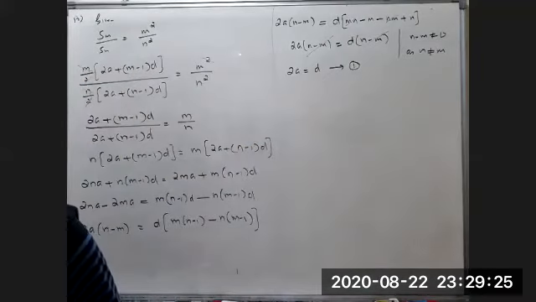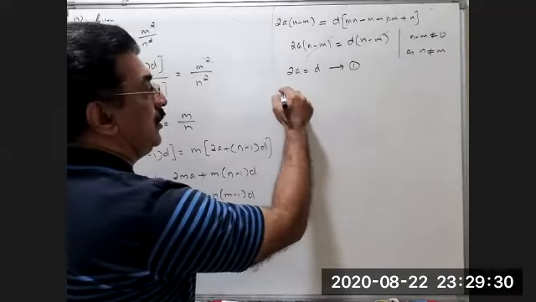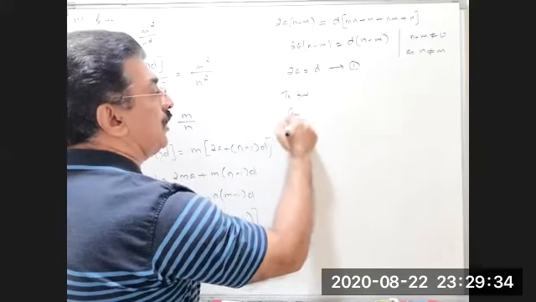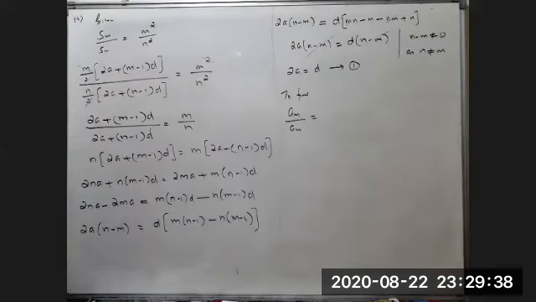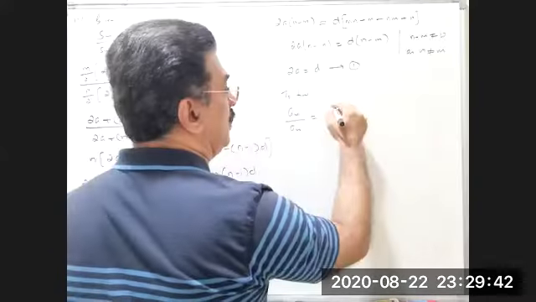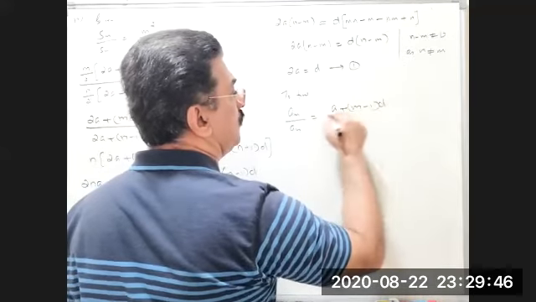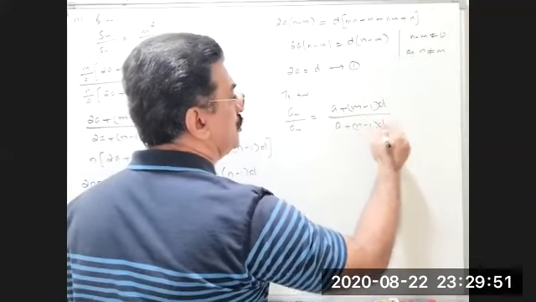What is required? The question asks for the ratio of the mth term and the nth term. The mth term am means a plus m minus 1 into d. The nth term an means a plus n minus 1 into d.